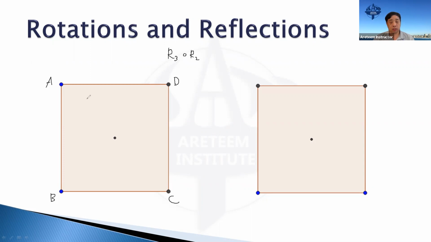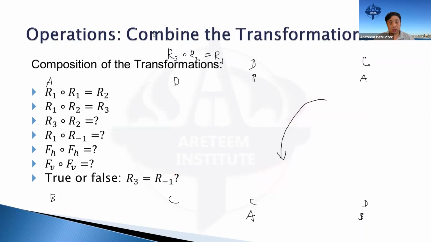First I do 270 degrees. So A becomes here, B is here, C is here, and D is here. Now I do another, R2. So A becomes here, B becomes here, C is here, and D is here. You see that's the same as R1. So that's true. Let me go back to the previous page. Tell me about this, R1 and R-1.